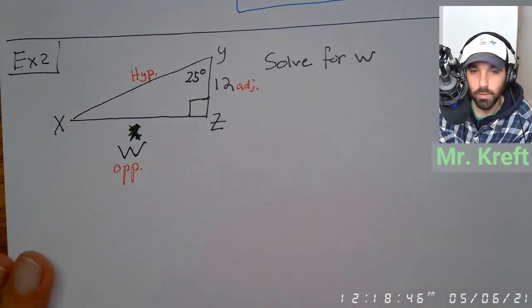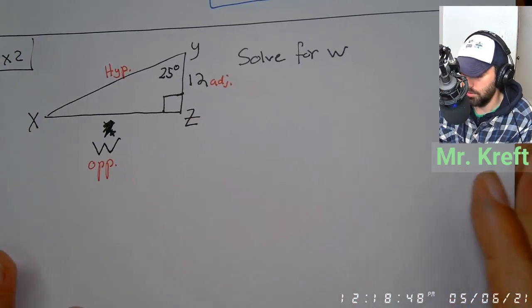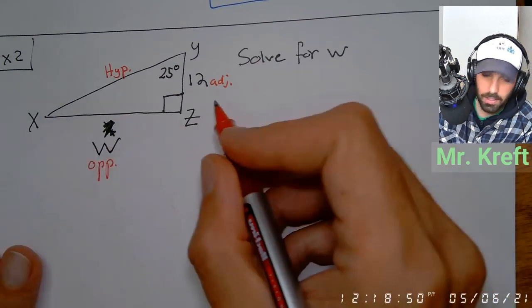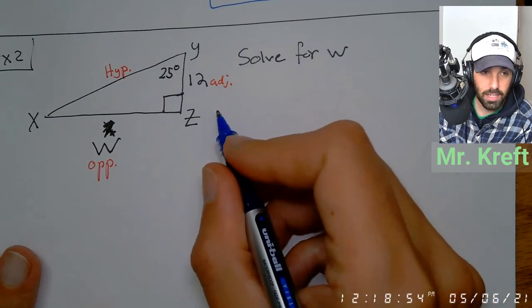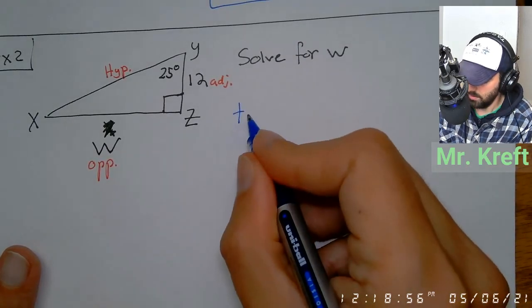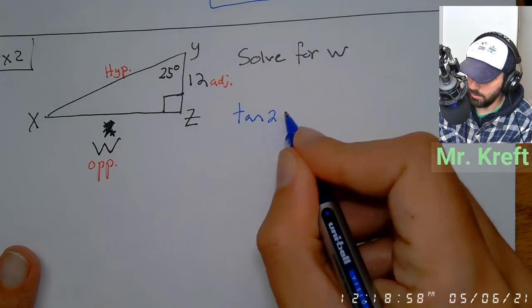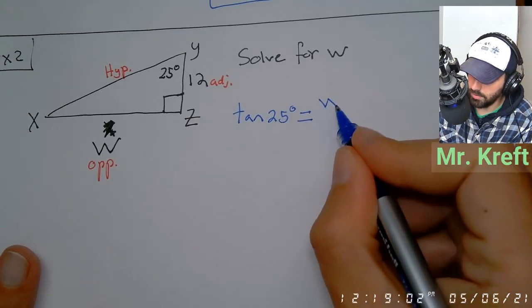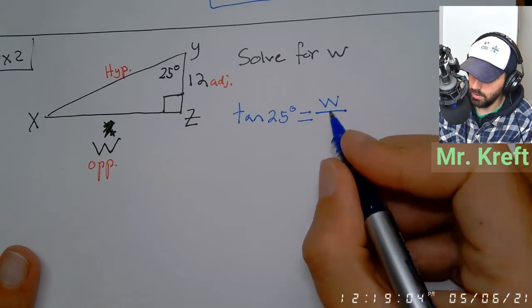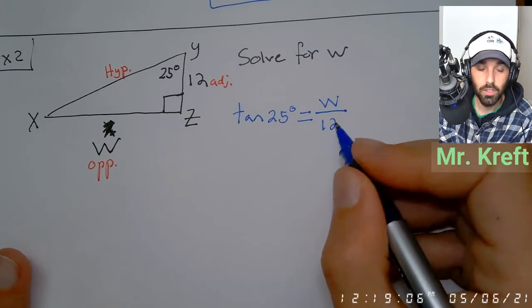Okay, so always label first. Always label first. Okay, then I'm going to write an equation. Okay, so tangent of my reference angle is going to equal the opposite side over my adjacent side.